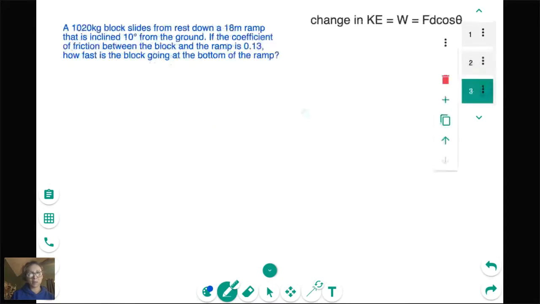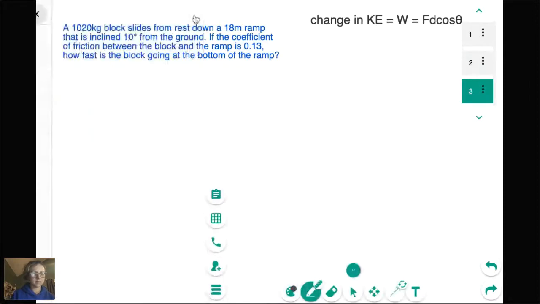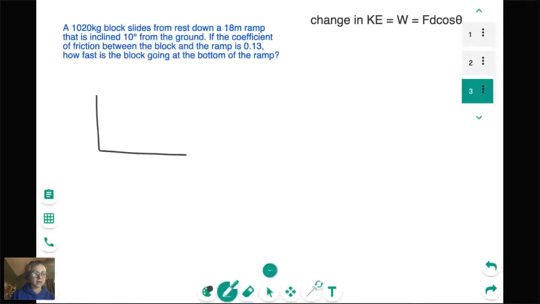All right, we've got one more problem, about 10 more minutes. I think we can do it, at least maybe an abbreviated version of it. So here we've got a box on a ramp, right? The classic AP Physics situation. This time, it's a block with a mass of 10-20 kilograms. It is sliding from rest down this ramp.